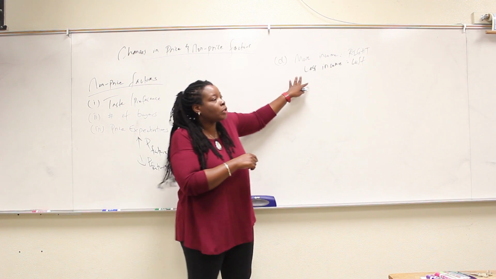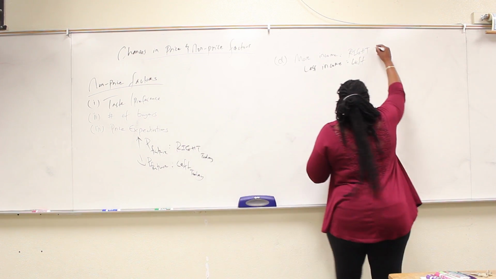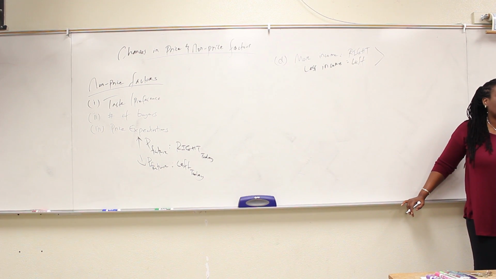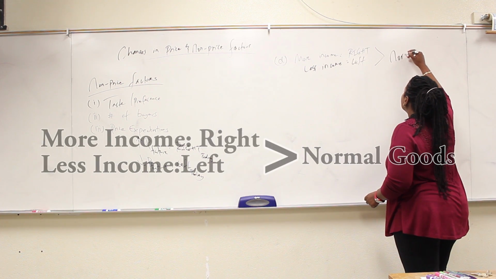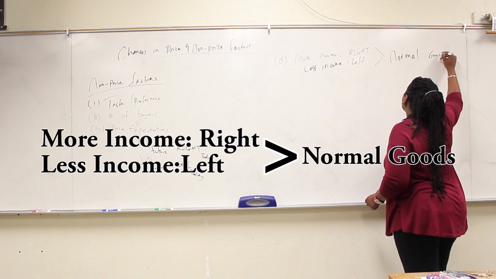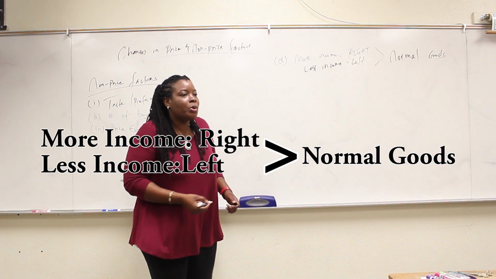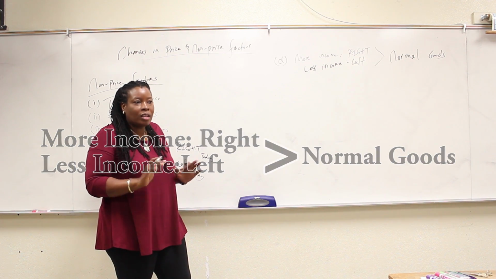The first description, the example I gave with Nick, this particular good, where when you get more income, you demand more of it, and when you get less income, you demand less of it. These are called normal goods. Most goods are normal goods. More money, we buy more of it. Less money, we buy less of it. Now the example with Chris is different.